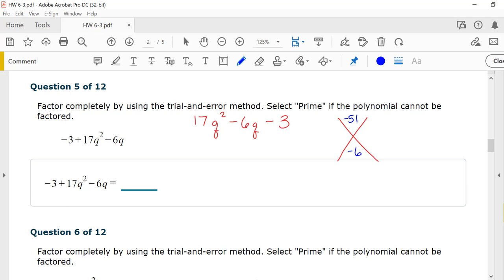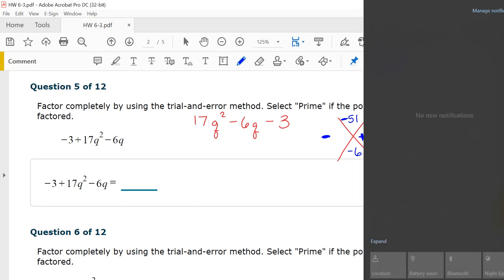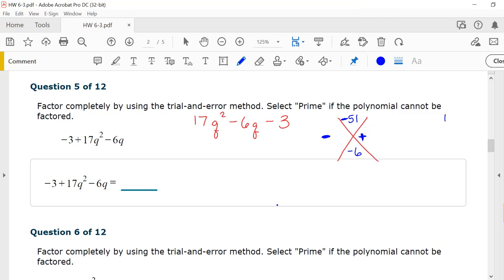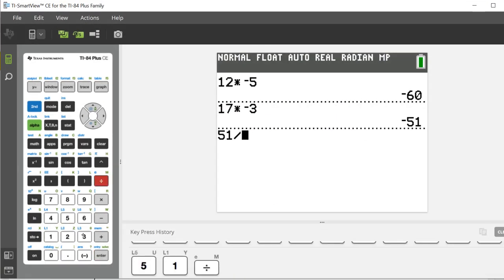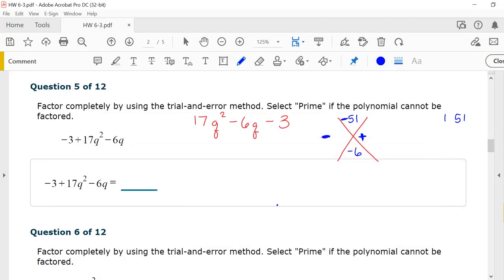Okay, factors of 51. Oh boy. I see that it's negative 51, so one of them is going to be negative, the other one's going to be positive. Okay, 1 and 51. 2 won't go in there. Is 51 divisible by 3? 3 and 17.